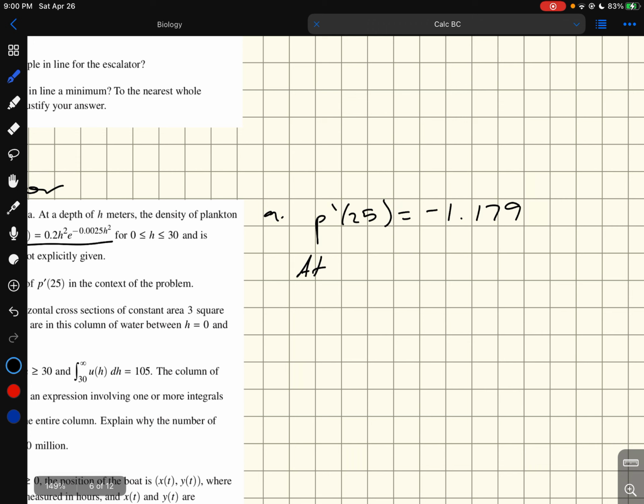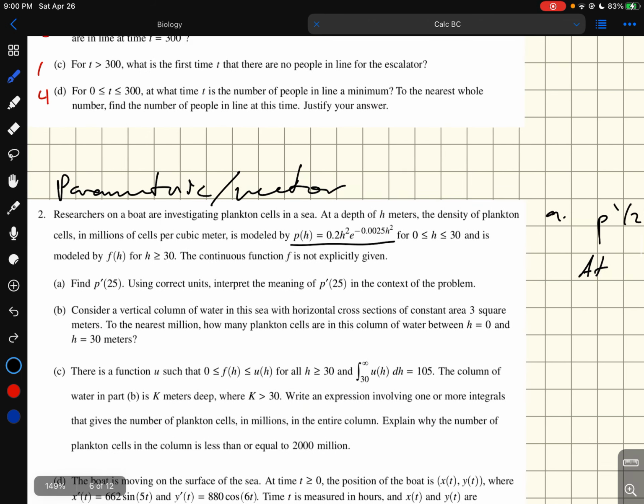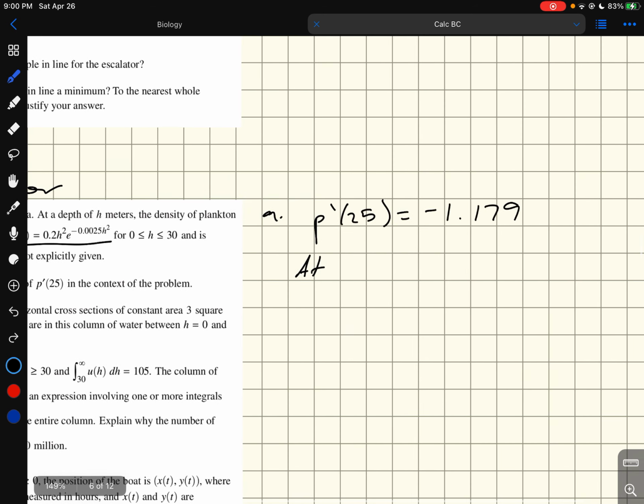And remember, this is the number of plankton. So the derivative of that would be the rate of change of plankton, because it's like going from position to velocity. You take the derivative.